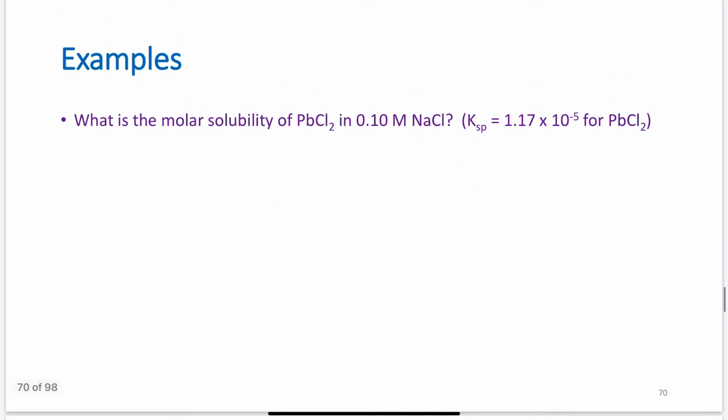Let's work another example like that. What is the molar solubility of PbCl2 in a 0.1 molar NaCl solution?